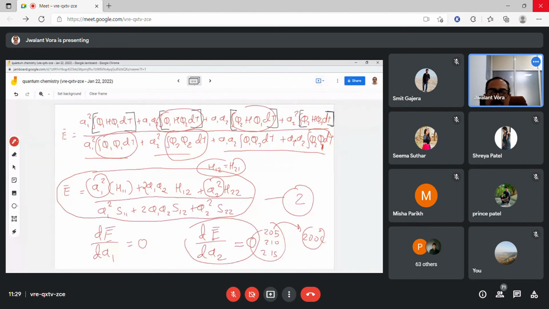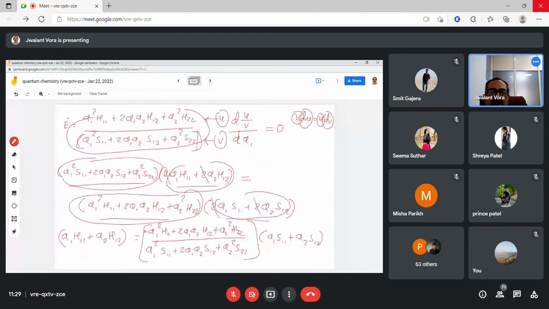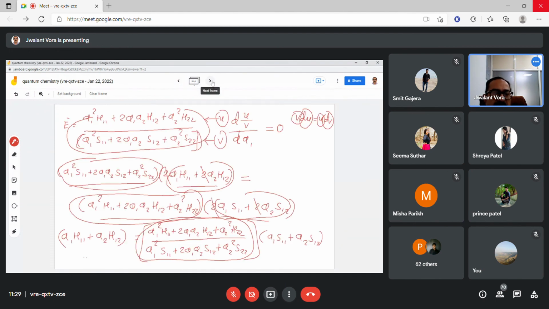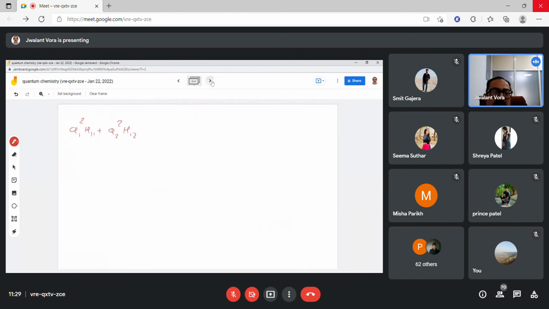So this is equal to equation number 2, here it is. This is equal to E or E bar. So this will be equal to E bar. So therefore A1 square H11 plus A2 square H12, let me verify. A1 A2 H12 sorry.